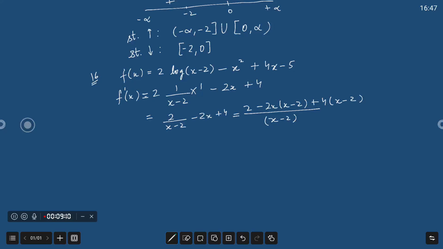Just simplify this and see what you get.